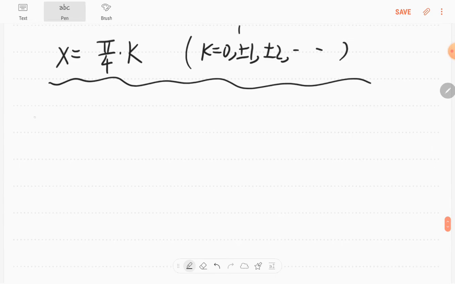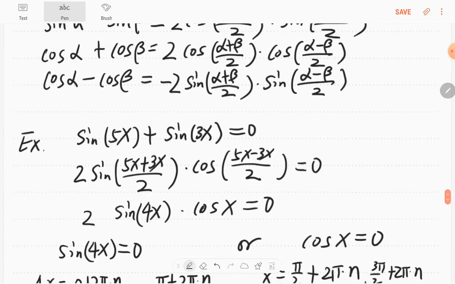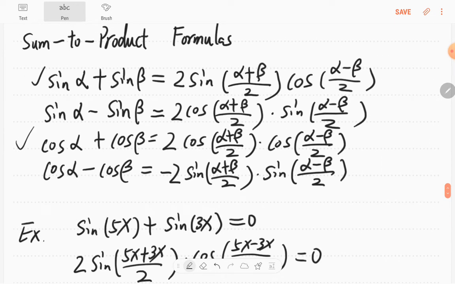Now let's look at this example: cosine 195 degrees plus cosine 105 degrees. This is the sum of two cosines, so we can use this formula.